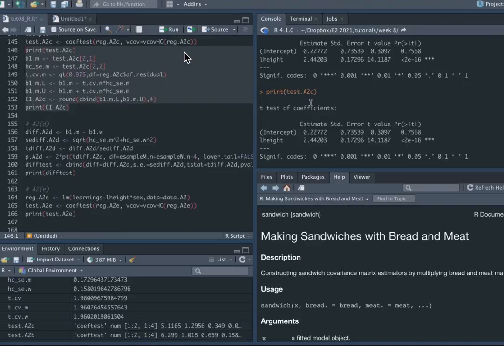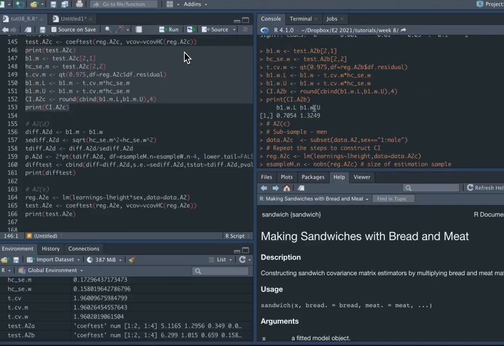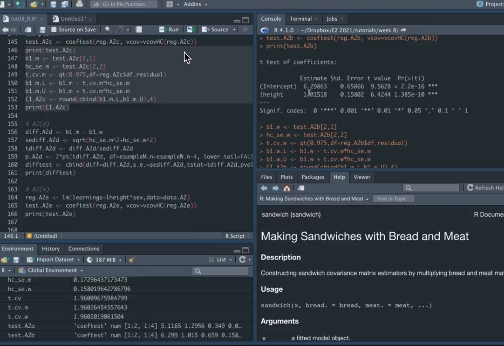What we need is just the two coefficients, and we're going to take the difference between them and do this as a t-test. You see, this is our difference.